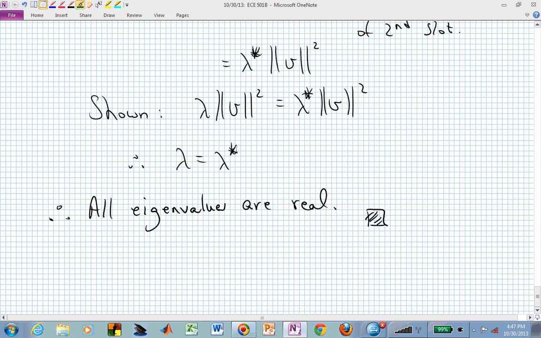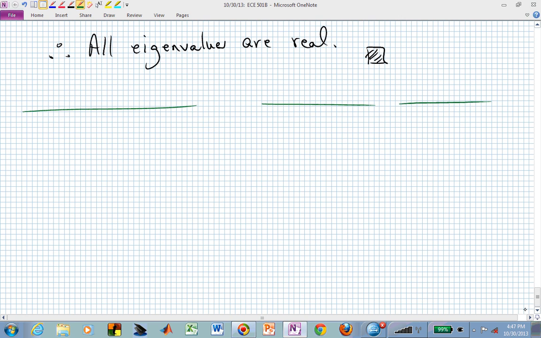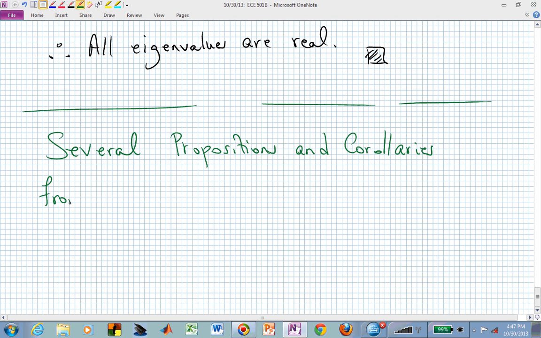Let's now state several propositions and corollaries dealing with these concepts. So now let's look at several propositions and corollaries from the textbook.